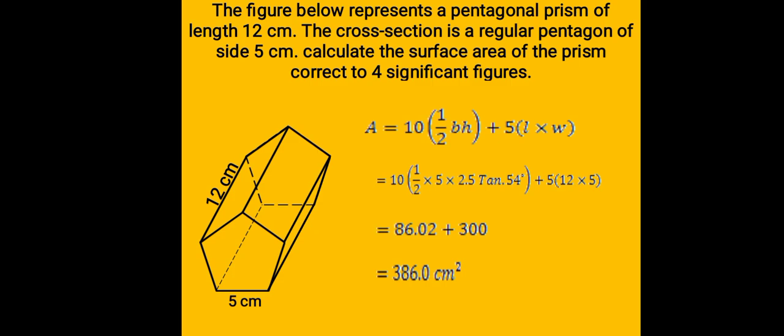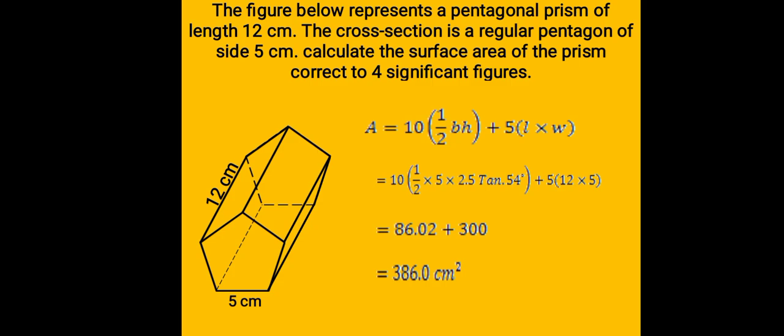Now, a pentagon forms isosceles triangles. One pentagon forms 5 isosceles triangles from the center.